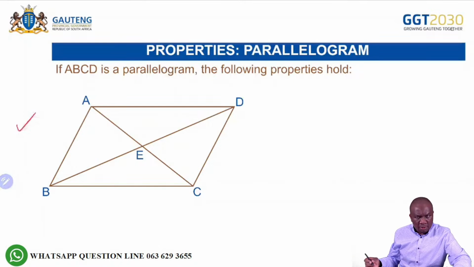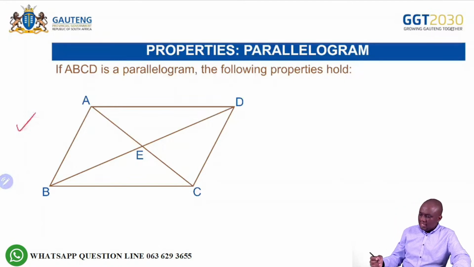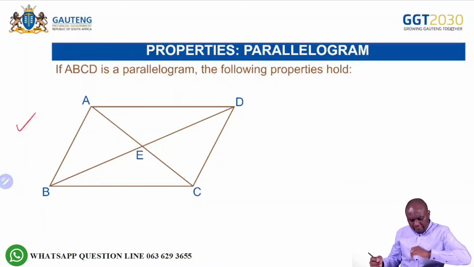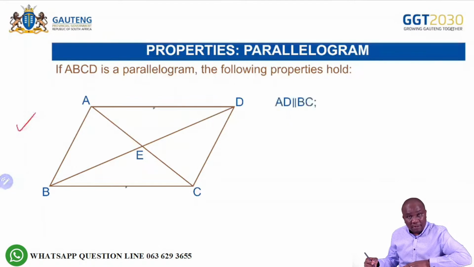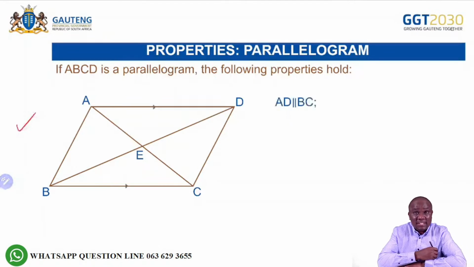So the first point about a parallelogram is this. Now I'm going to use these vertices. It's not like all parallelograms are A, B, C, D. It can be P, Q, R, S, something like that. But now we're using this. The first point, we're going to talk about the sides. AD is parallel to BC.